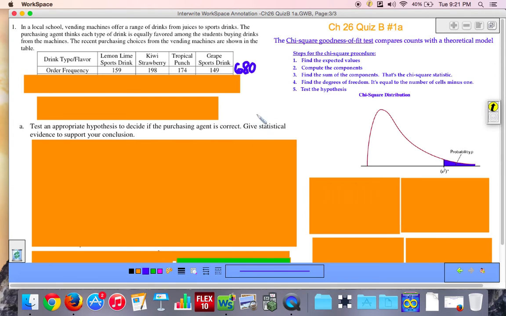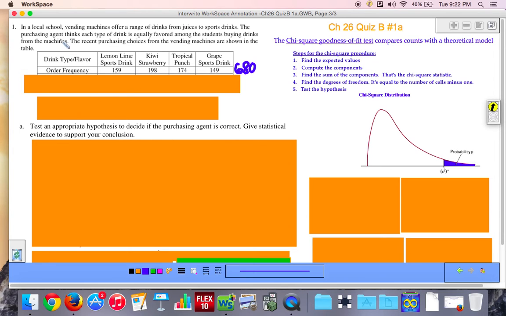Okay, so you see here the steps for completing a chi-square procedure. The first step is to find the expected values. Let's look at our prompt and see how we would do that. Test an appropriate hypothesis to decide if the purchasing agent is correct. Give statistical evidence to support your conclusion.